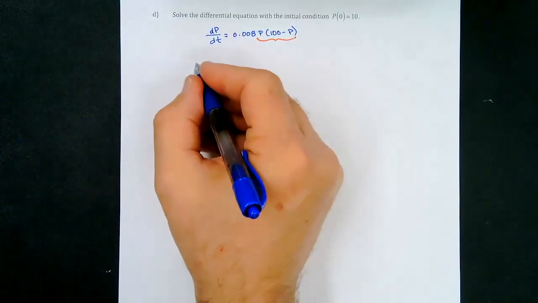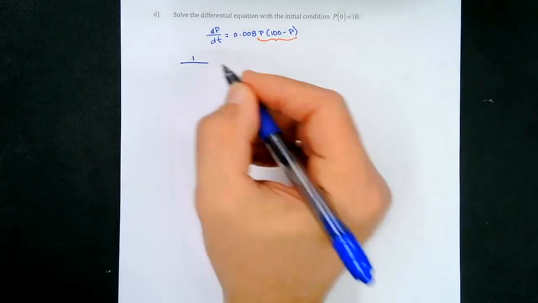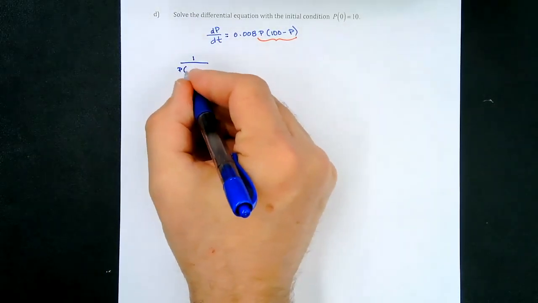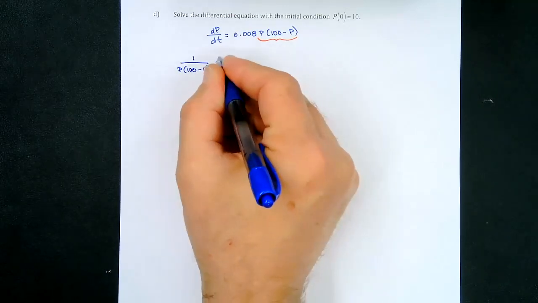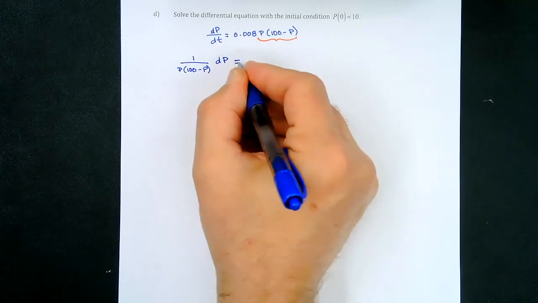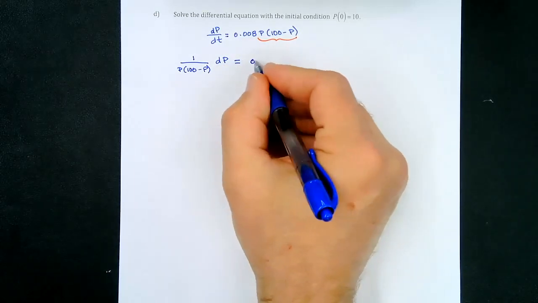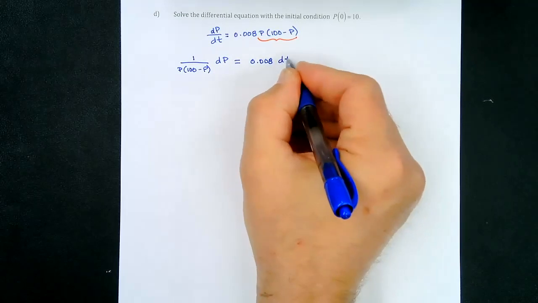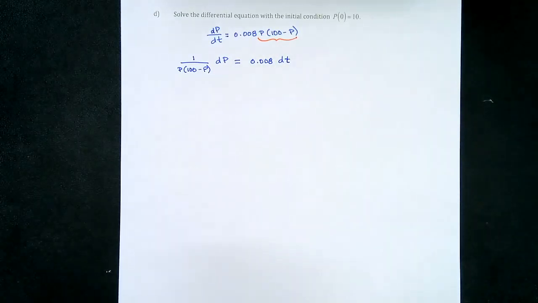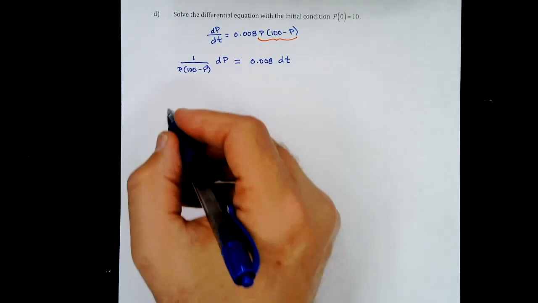So what winds up happening is this becomes 1 over P times 100 minus P dP is equal to 0.008 times dt. And what we're going to want to do next is integrate both sides.